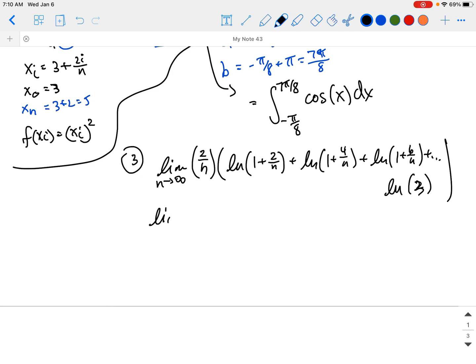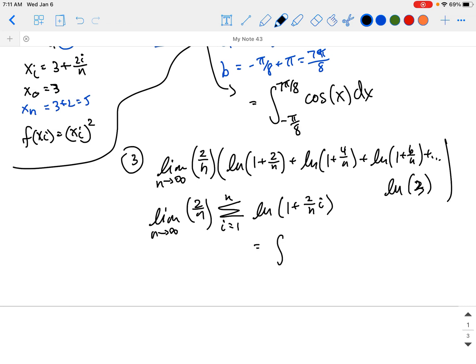In this case, they've written the 2 over n on the outside, but what we really like to do is to get this to look like a summation symbol with sigma. So we know it's going to be natural log of 1 plus, and then to get from 2 over n to 4 over n to 6 over n, I'm going to take 2 over n times i. That'll give me my sum.